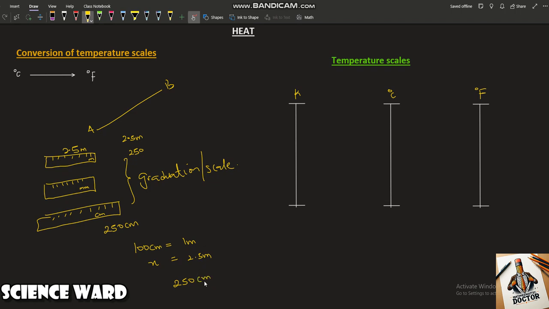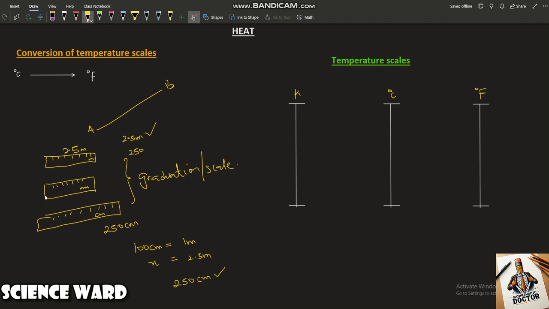You see that, right? So we can come to an agreement that when we measure with a meter ruler, we obtain 2.5. When we measure with a centimeter ruler, we obtain 250.